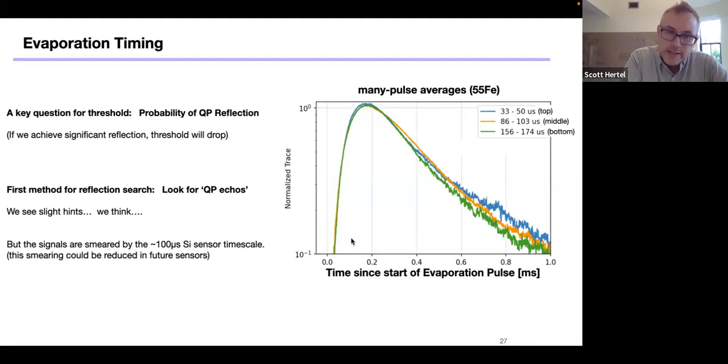One of my key questions from a practical standpoint, trying to turn this into a detector, is can we get the rotons to reflect off solid surfaces? Can we get them to scatter many times and still evaporate? You could assume very good reflection from a very naive model of how waves work at that material interface.